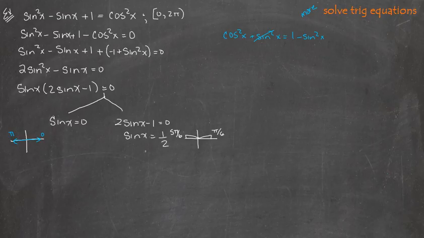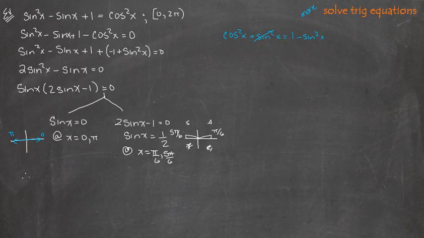Since this is positive, I have to do all students take calculus. Sine x would be negative in this region and negative in this region. So I want positive values. So I'm looking at these angles. So I can write my whole problem out. This condition is true for x equals 0 and pi, and this condition is true for x equals pi over 6 and 5 pi over 6.